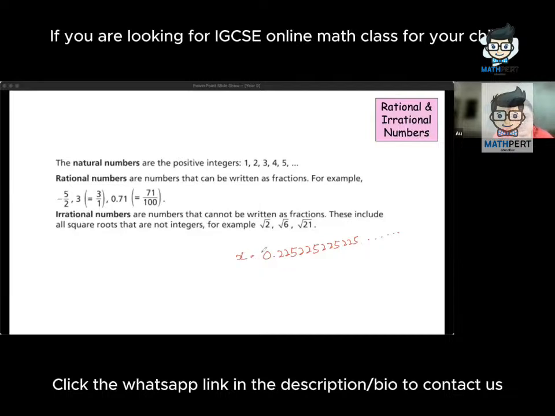I let x become 0.225225225. Right? My objective here is to figure out a way to cancel out all the recurring numbers after the decimal point. So if x equals 0.225225225, 100x means 225.225225225 and so on. Am I right?